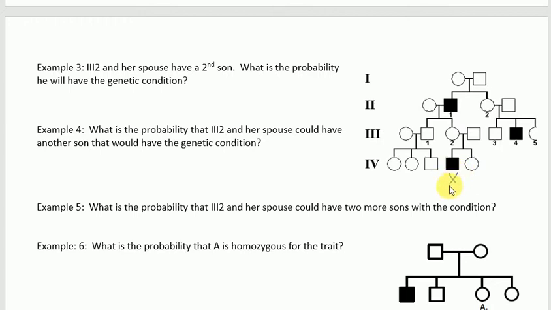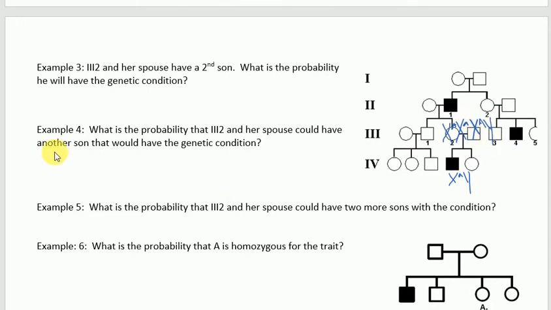So this guy here is X lowercase a Y. So what is the probability a second son will have the trait? So we have to know that mom gave a little a, so we know that she's a big A, little a. And we know that dad is a big A, Y.